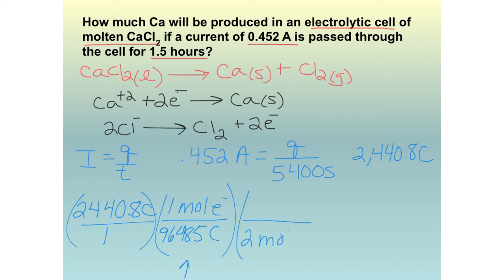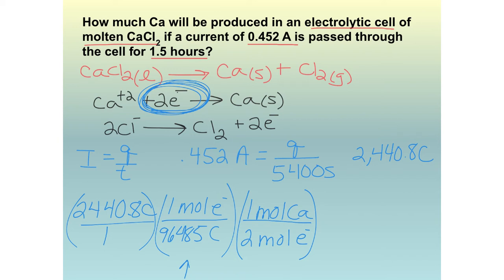2 moles of electrons, because 2 moles of electrons are transferred in my reaction. So if the calcium was gaining 17 electrons, then 17 electrons would be going in our denominator there. So 2 moles of electrons for every 1 mole of calcium.